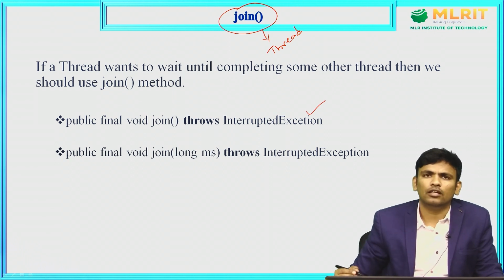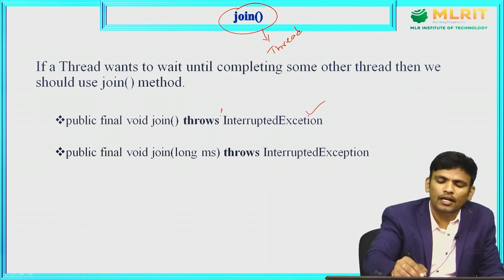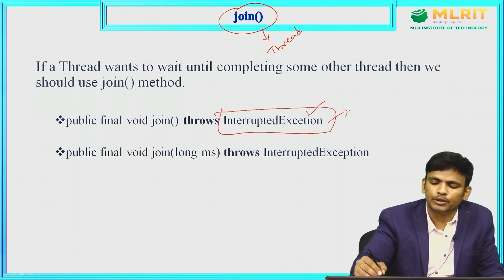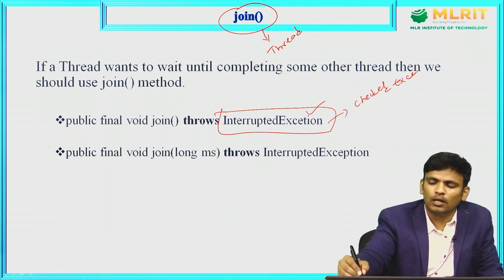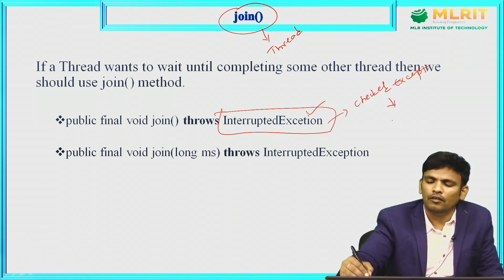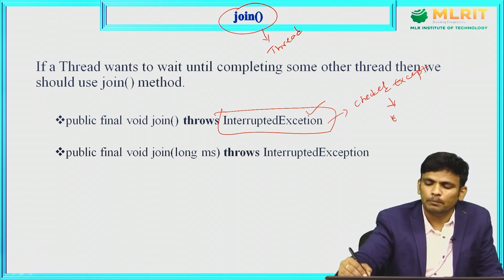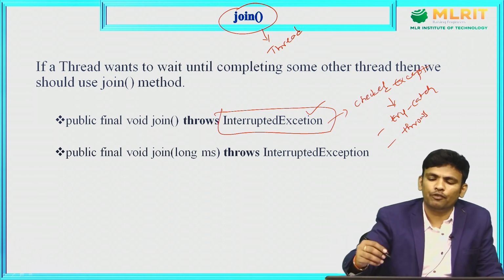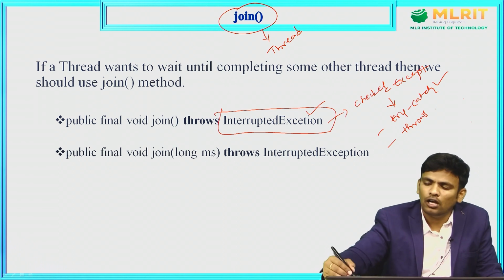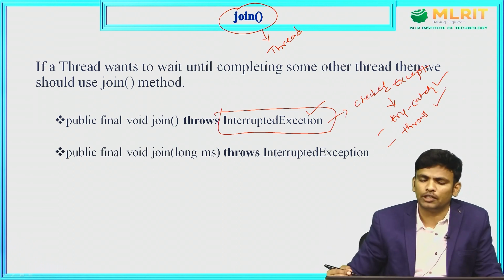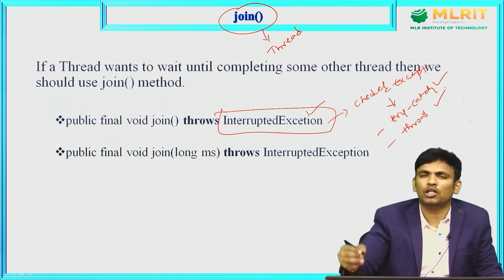The join method throws InterruptedException, which is a checked exception, so you compulsorily need to handle it using try catch, or if you want to bypass it, you can use the throws keyword. It depends on your requirement, but you must use one of these approaches.